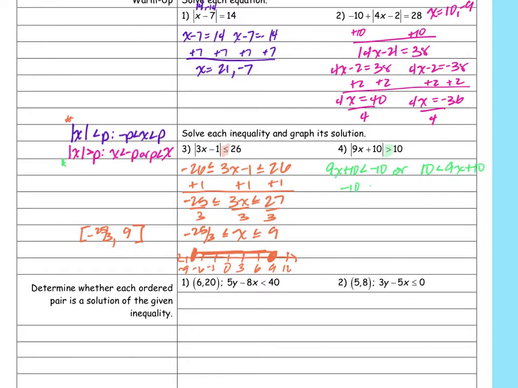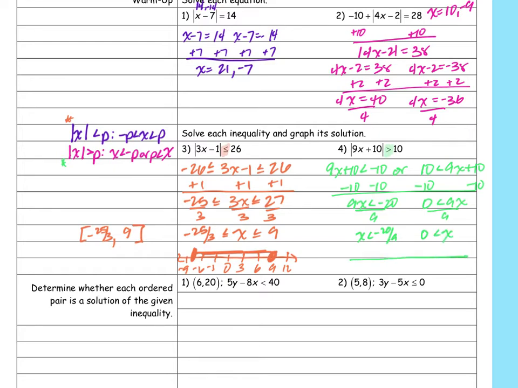So subtract 10, and I get 9x is less than negative 20, and 0 is less than 9x. Divide by 9. X is less than negative 20 ninths, and 0 is less than x.